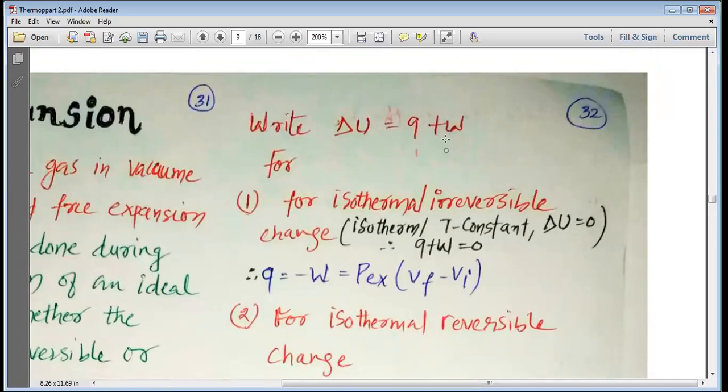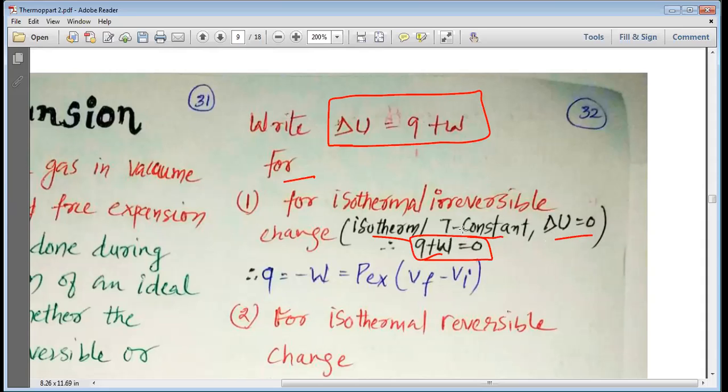So if we write the equation delta U is equal to Q plus W for isothermal reversible process. Isothermal means constant temperature, that is delta U is equal to 0, because change in internal energy is equal to 0.